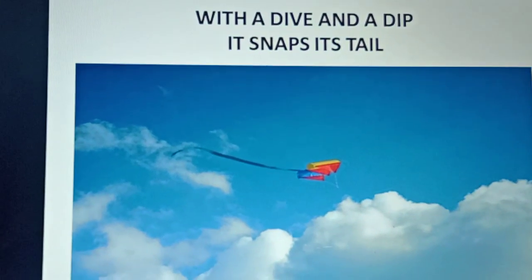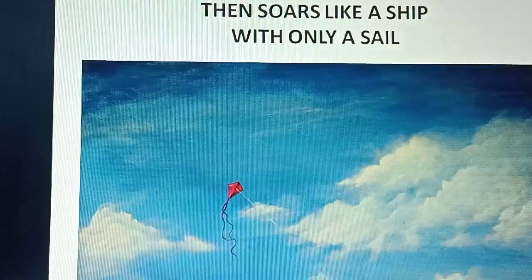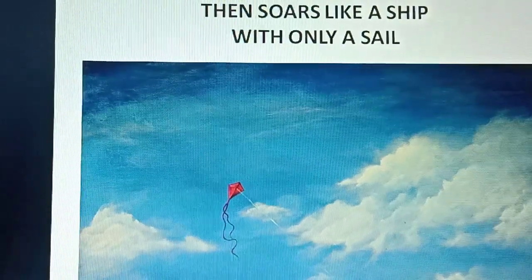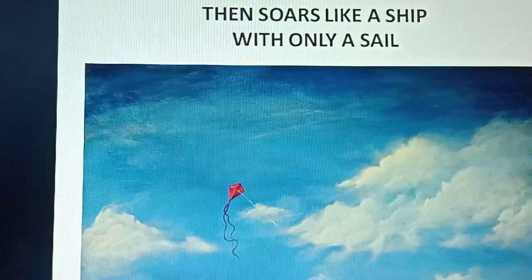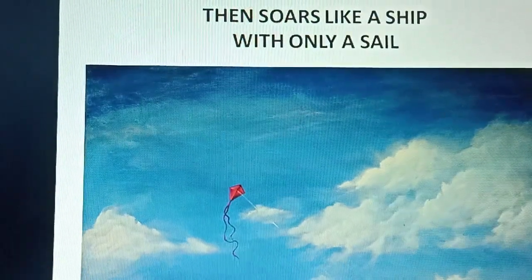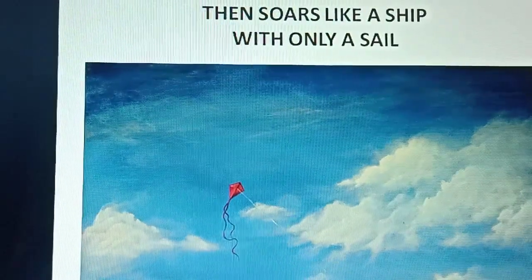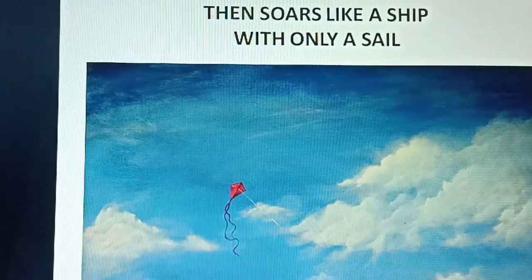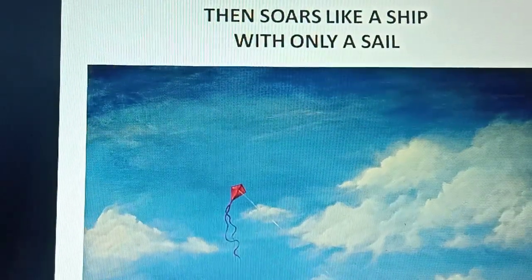Then soars like a ship with only a sail. You can see how the kite is moving, just like a ship, isn't it? How the ship moves in the waves, just like that the kite is moving among the clouds.